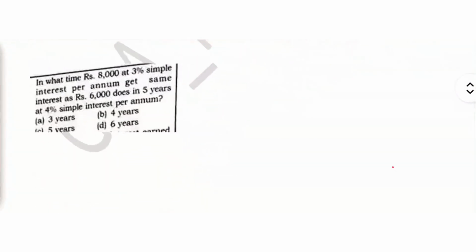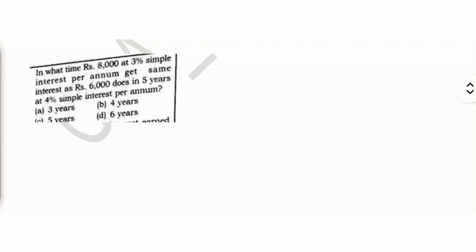Okay, simple. In what time will rupees 8,000 at 3% simple interest rate per annum get the same interest as rupees 6,000 does in 5 years at 4% simple interest per annum? That means, see, they have given same interest, that means simple interest of this one equals simple interest of this two.